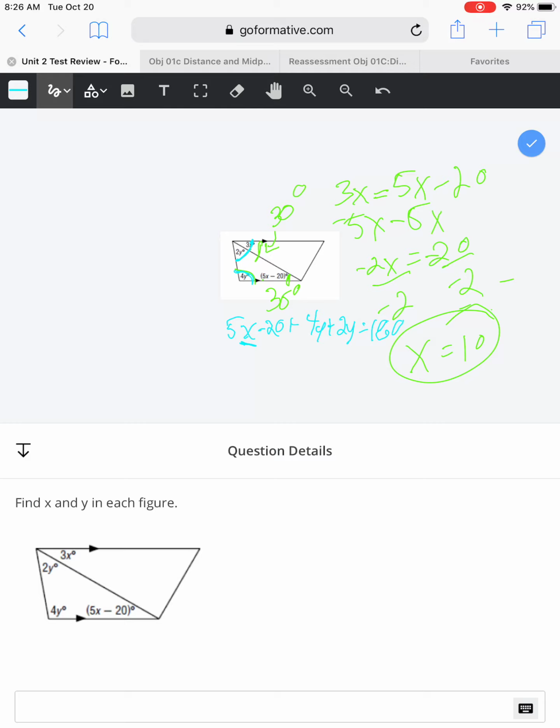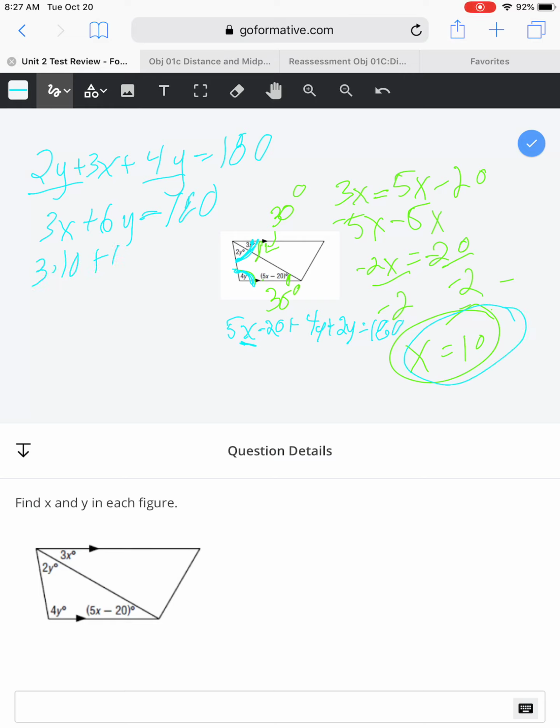Or you can say, because they're consecutive interior, that this whole angle, the 2y plus 3x, plus the 4y here, is equal to 180. So that's going to be 3x plus 6y equals 180, but I solved for x, x was equal to 10.